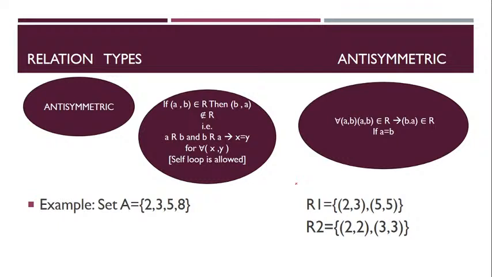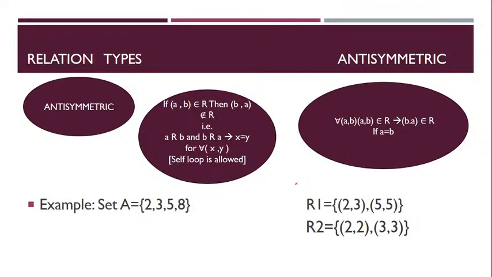The antisymmetric property is saying that a bidirectional edge is possible only in case of a self loop. The property is a little complicated in this manner: a bidirectional edge is possible only in case of a self loop.